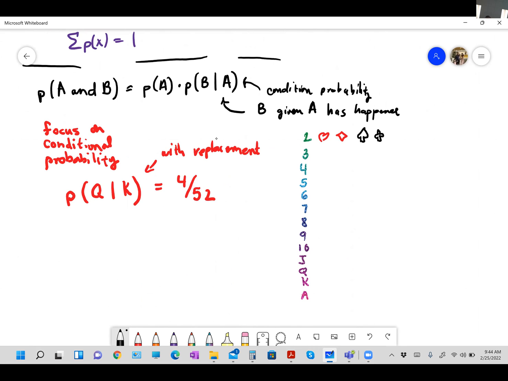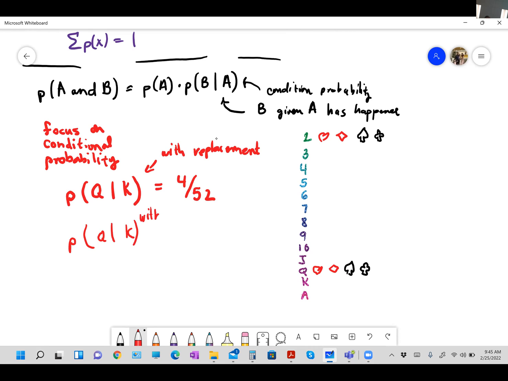That means we have a queen of hearts, a queen of diamonds, a queen of spades, and a queen of clubs. Simple, right? So now the next question is, what's the probability of queen given king without replacement?